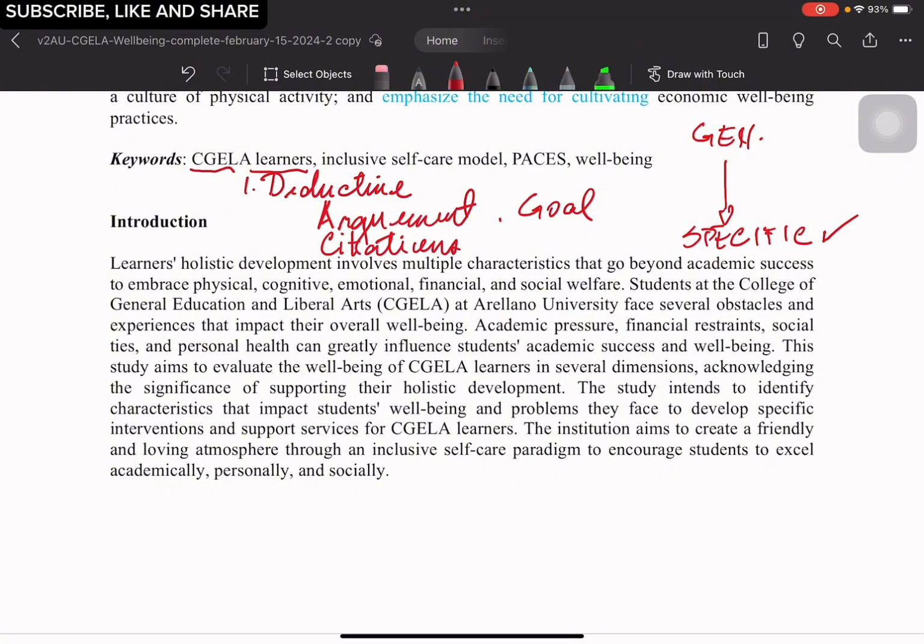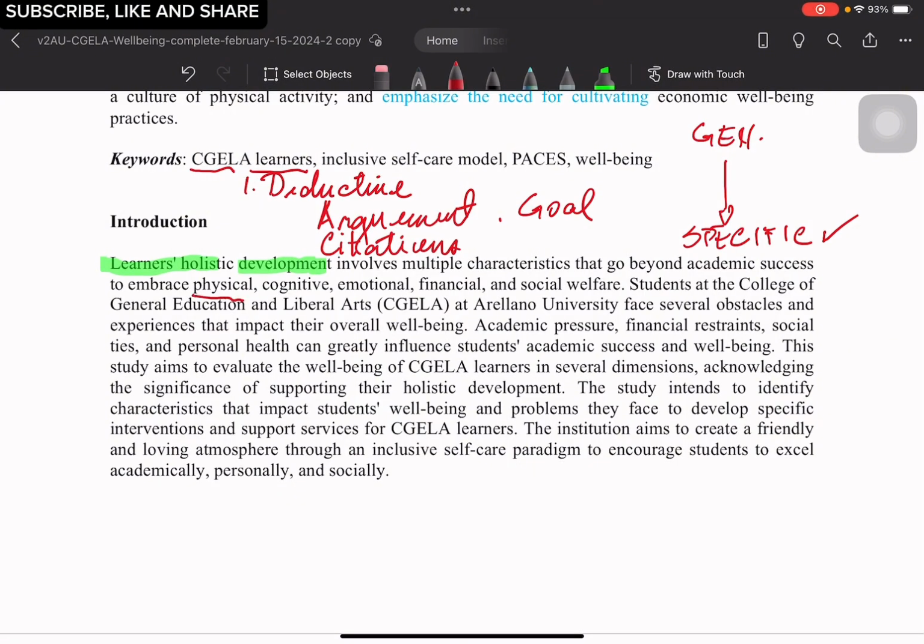So if we're going to again dissect and look at the sample introduction, we will see that it started with the concept of learners' holistic development. So this is a concept wherein there are specific elements for a student to be able to learn, and these are the domains that were used in this study. So what are these domains when we talk about learners' holistic development?